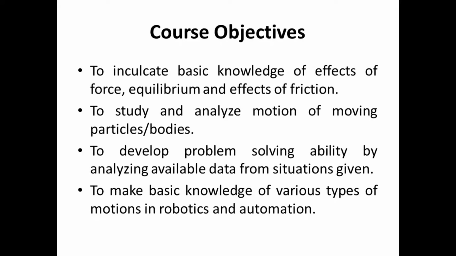So this is an interdisciplinary thing. There is one particular unit on robotics and automation, the last unit in our syllabus. We will study that part also, the basics, not in detail.